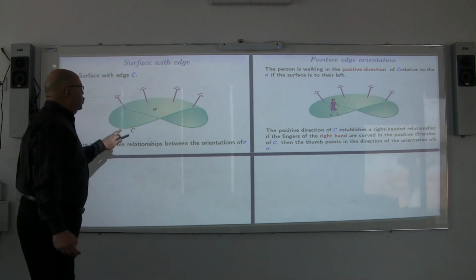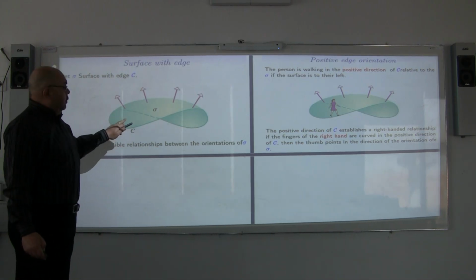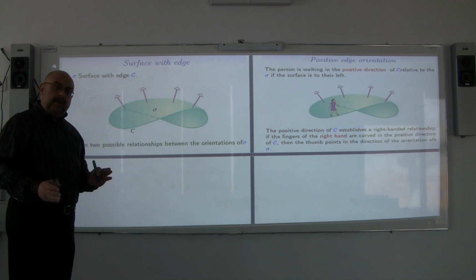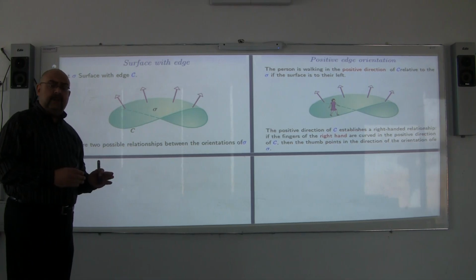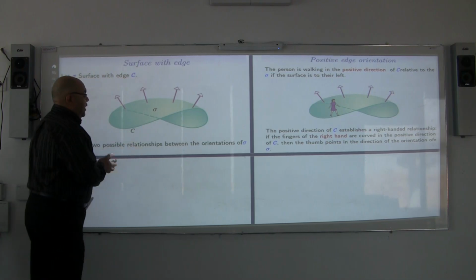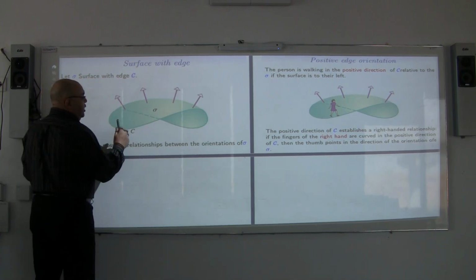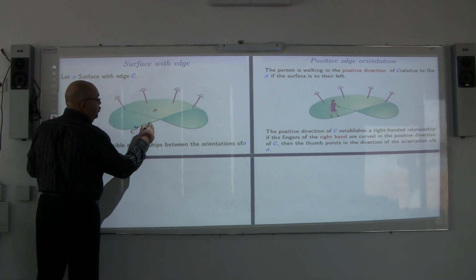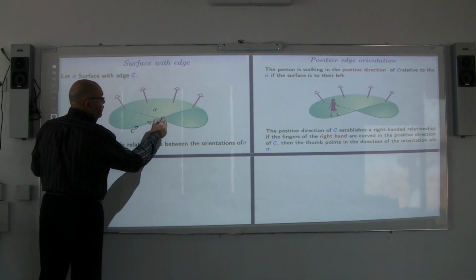It's very simple to determine the positive direction. The positive direction is exactly like we did in the simple closed curves, which is to move around the boundary. I will move here, as you can see, that's the boundary of this surface.